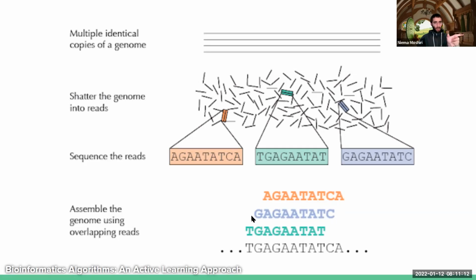So maybe the green fragment came first and the blue fragment came immediately after it. We try to use these overlaps to reconstruct the genome. So any questions about what our bioinformatics problem is? The input is all these short fragments. The output is the single genome sequence.